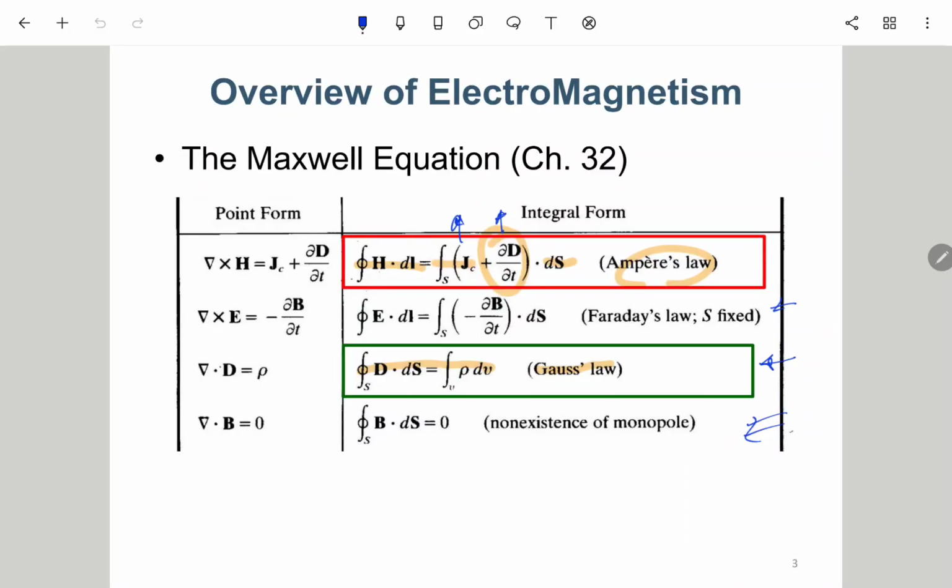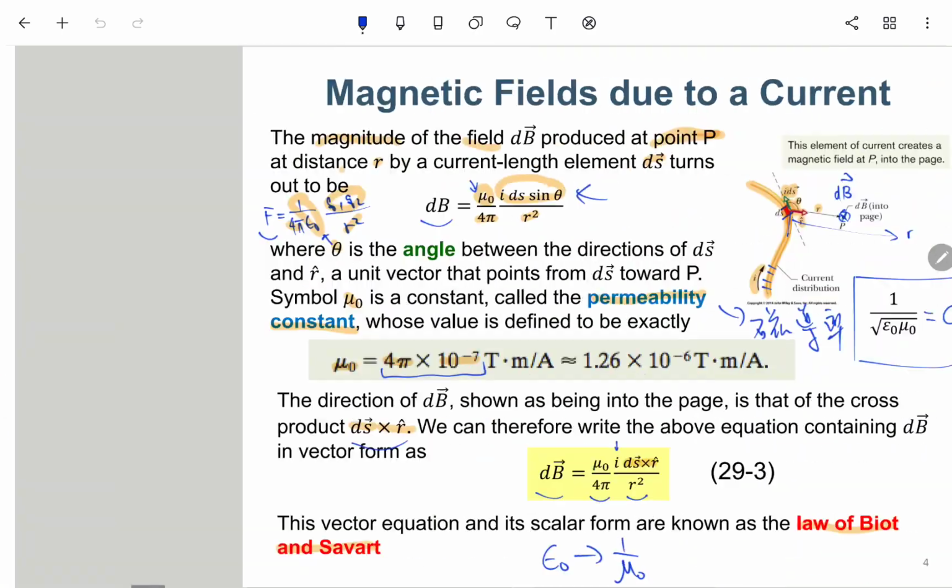In this course we will learn the Maxwell equations until chapter 32, and in chapter 33 we will derive the wave equation from them. Solving the wave equation, a partial differential equation, the solution will be the electromagnetic wave.